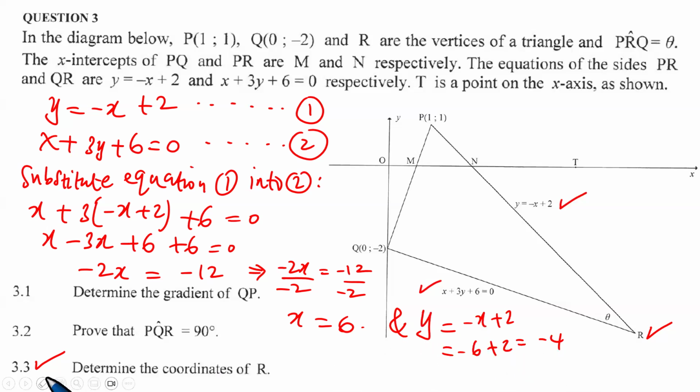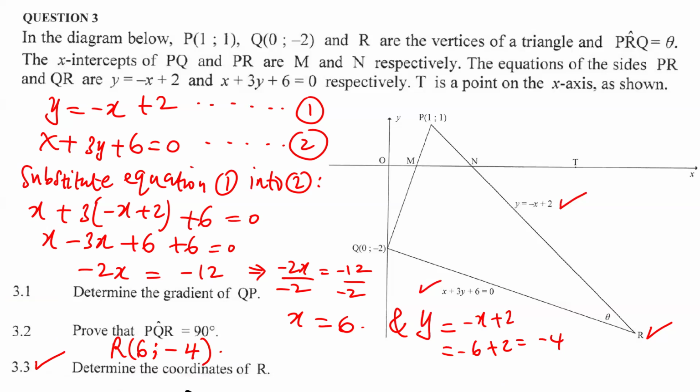What are the coordinates of R? The coordinates of R are 6 and minus 4.